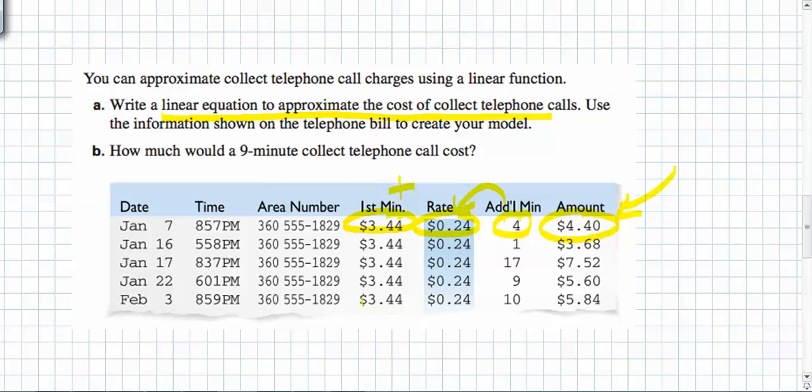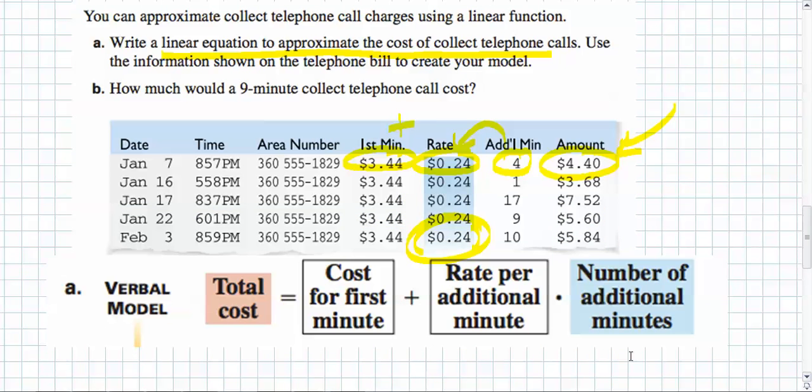Remember how you need to attack these problems. You're going to write a verbal model first. The verbal model is: total cost is the cost of the first minute plus the rate per additional minute times the number of additional minutes. This is going to be the number of minutes past 1 minute.